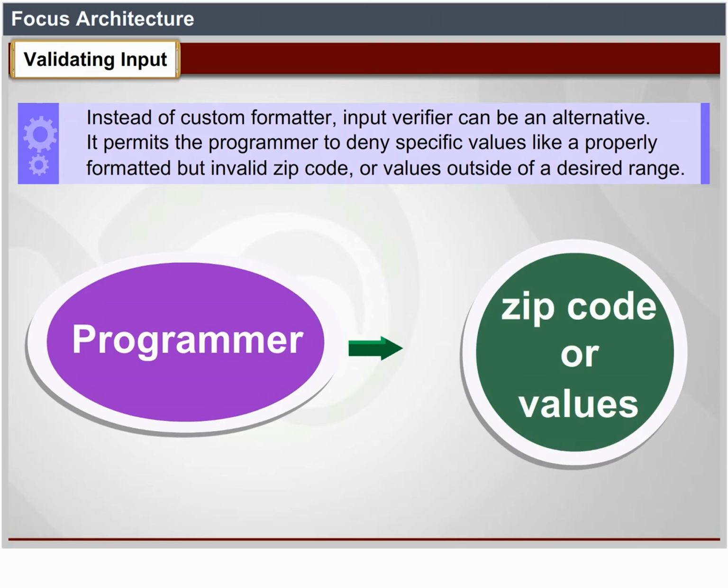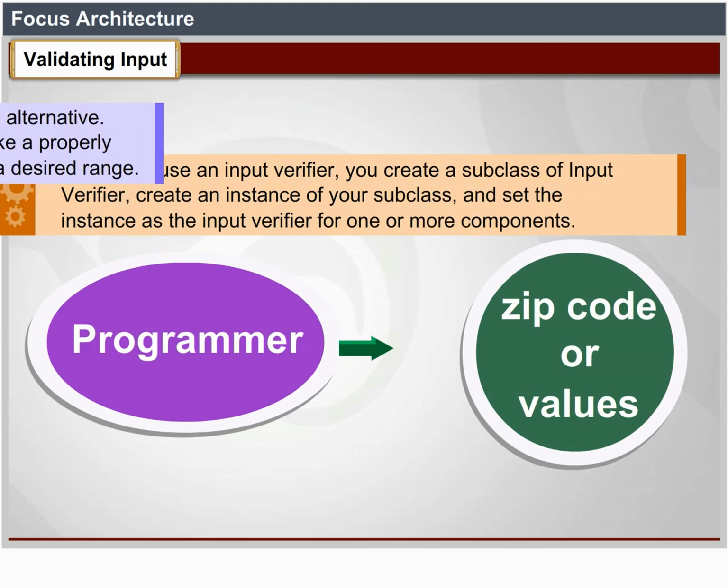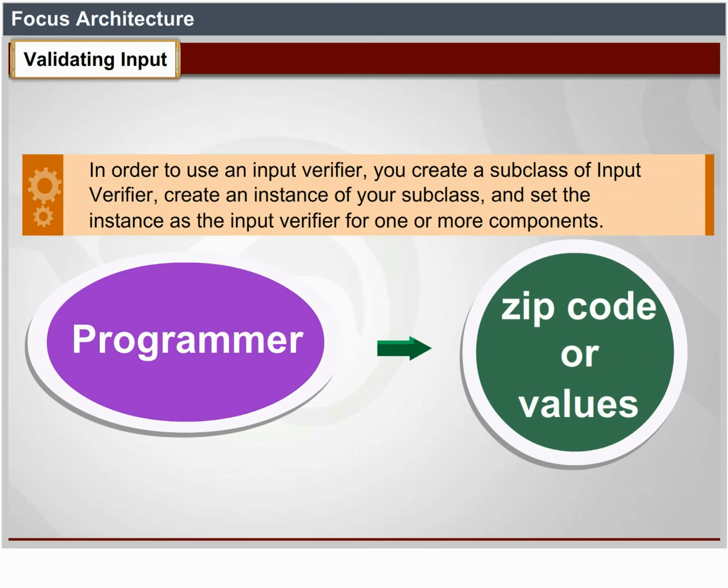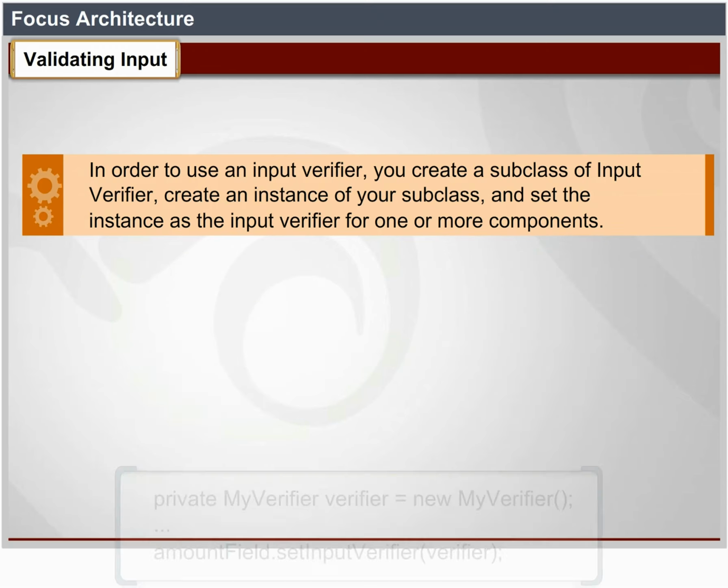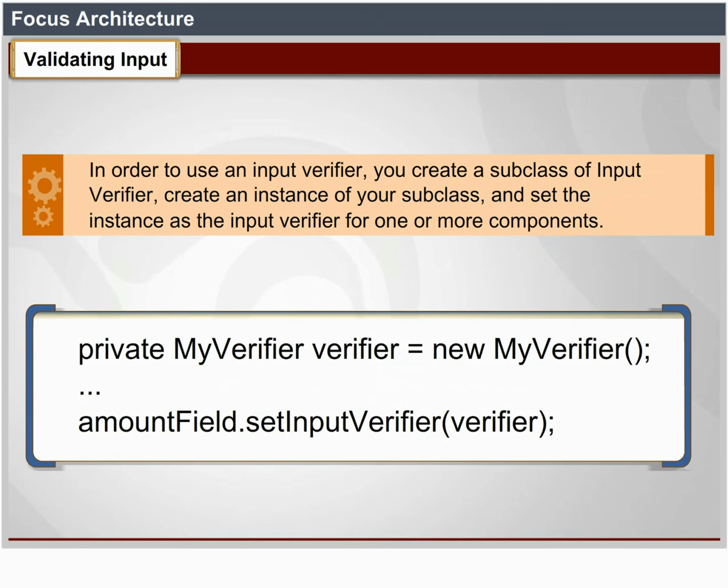It permits a programmer to deny specific values, like a properly formatted but invalid zip code, or values outside of a desired range. In order to use an input verifier, you create a subclass of InputVerifier, create an instance of your subclass, and set the instance as the input verifier for one or more components. Private MyVerifier verifier equal to new MyVerifier; amountField.setInputVerifier of verifier.